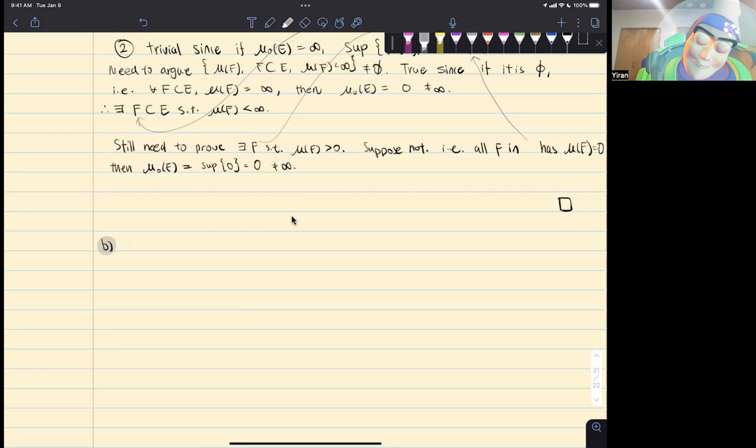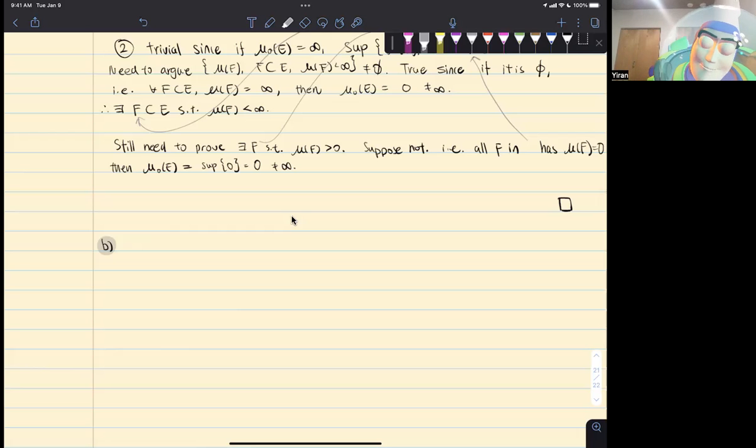Let's call the union E. So if E is sigma finite, then there exists a collection Kj such that E is equal to the union of Kj, where the measure of Kj is finite.